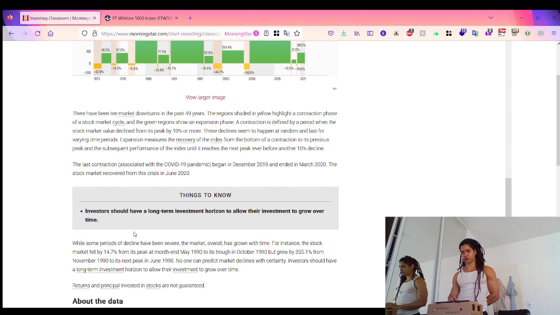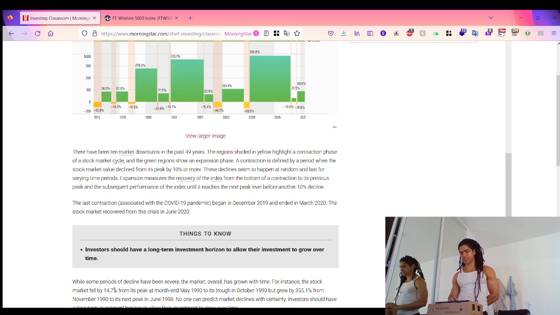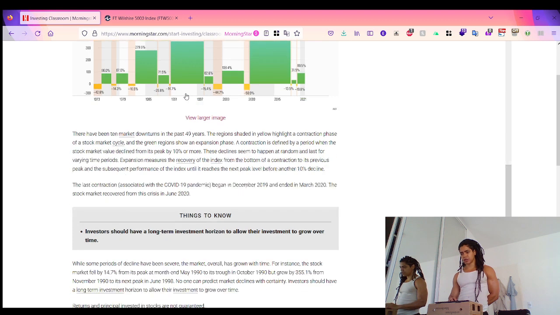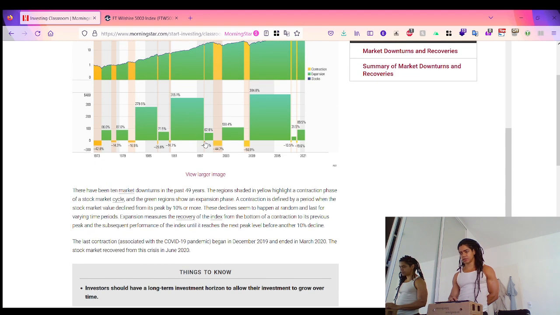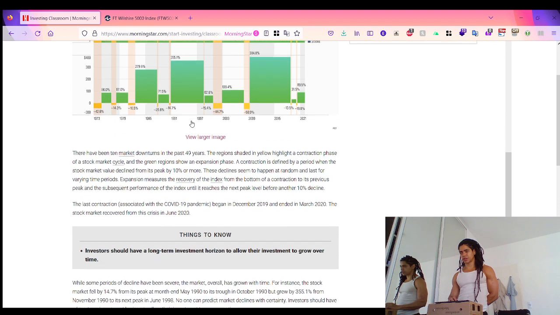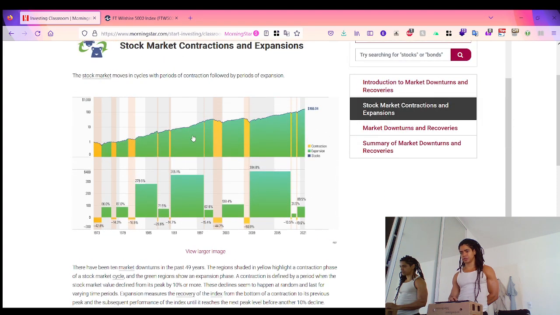For instance, the stock market fell by 14.7% from its peak at month end May 1990 to its trough in October 1990, but grew 355.1% from November 1990 to its next peak in June 1998. So this is the growth that it experienced.